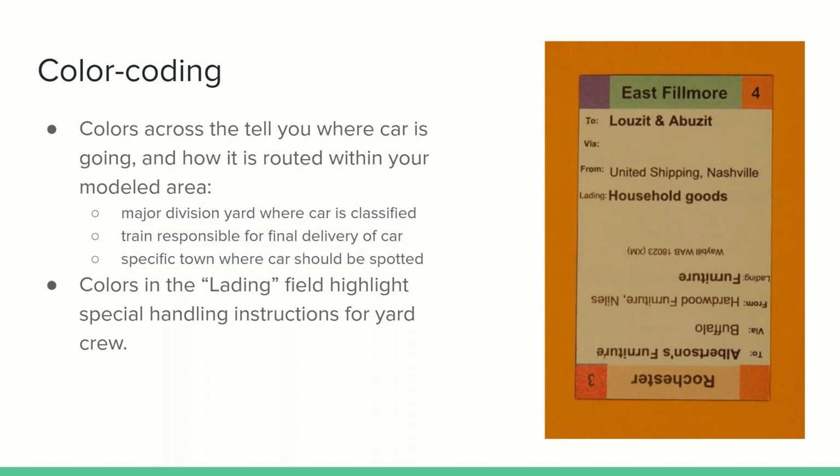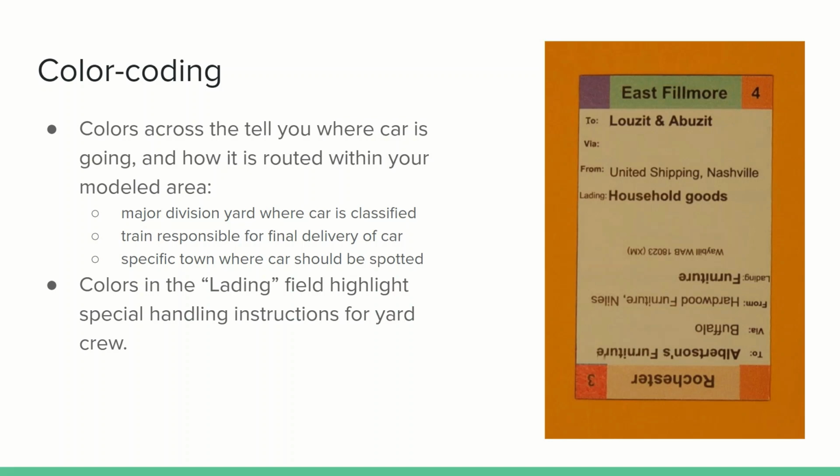And what we have here with these colors is information that will tell you how things route within that layout of yours, including the concept of a major division yard where the car will go to be classified, and then information about the train that's going to be responsible to deliver it from that division yard to a final delivery location, as well as obviously the specific town where the car is going to be spotted.